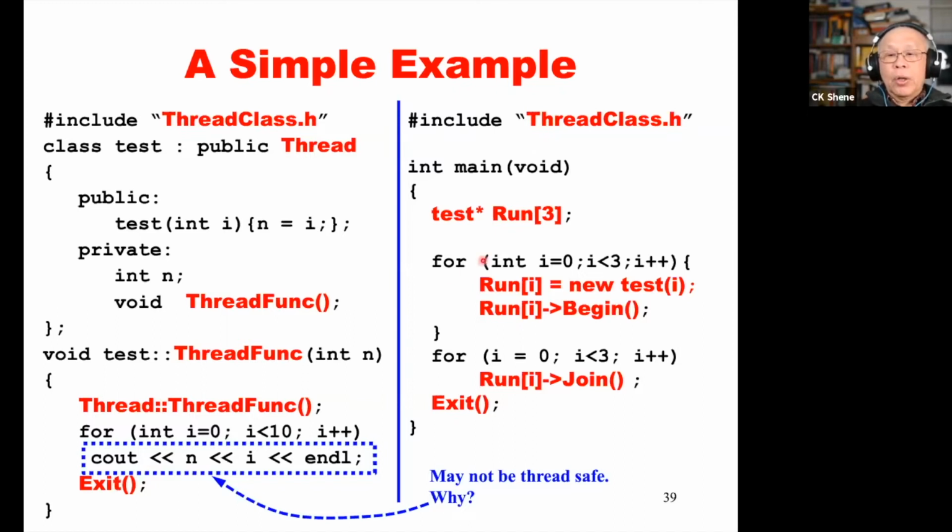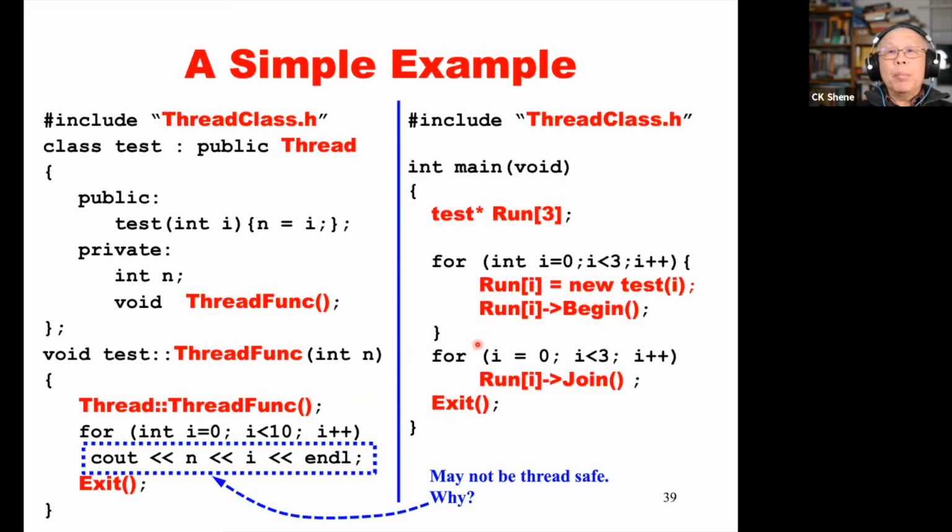Now let's look at the main program. The main program creates the first thread, runs it, creates the second thread, runs it, and creates a third thread and runs it. So up to here, all three child threads are running. But this main program cannot exit.